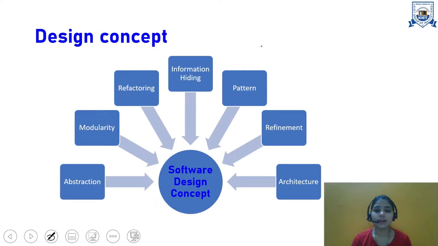Modularity is to divide your system into subsystems, different small software, I can say. So modularity is to divide your problem into small parts, where an independent module is able to solve its problem by itself.